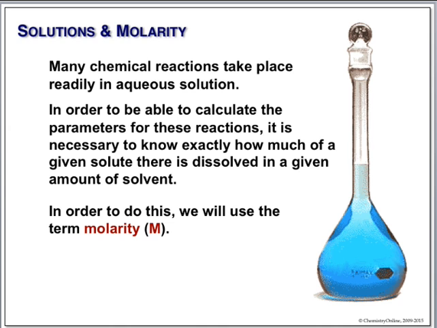When we talk about molarity, the abbreviation we'll use is the uppercase M. Uppercase M. Don't do a lowercase m. When you get to general chemistry, you will find that lowercase m represents molality, which is totally different. So uppercase M.